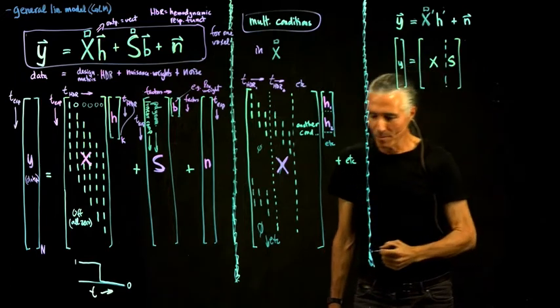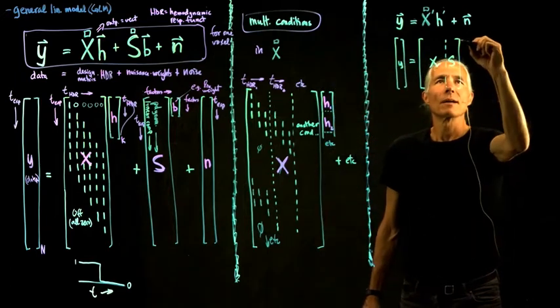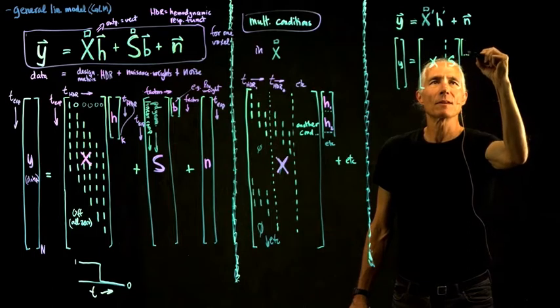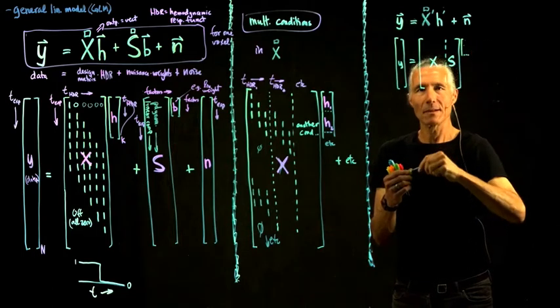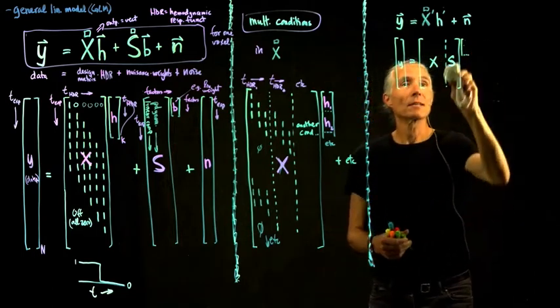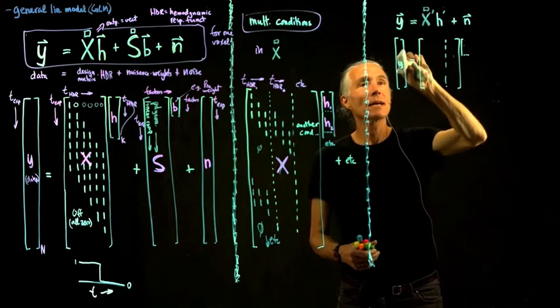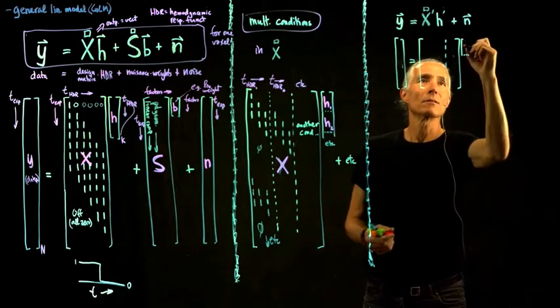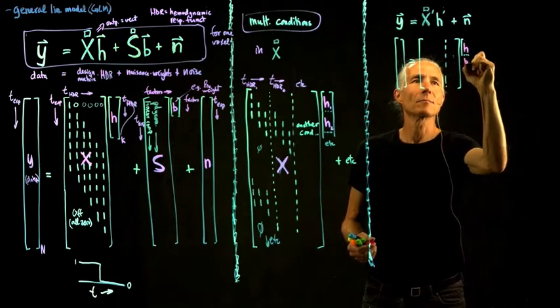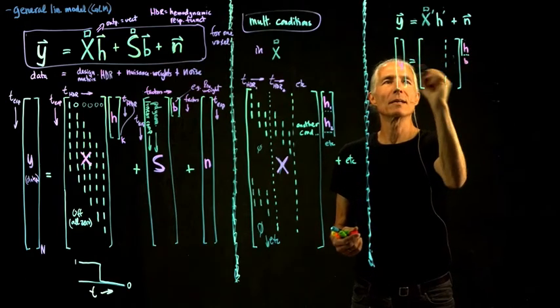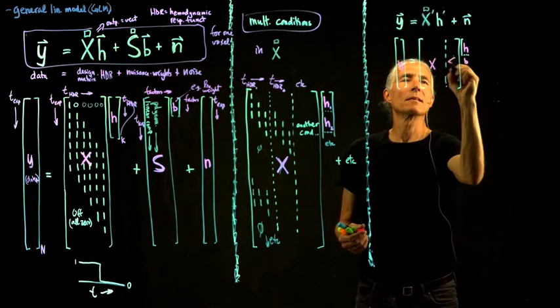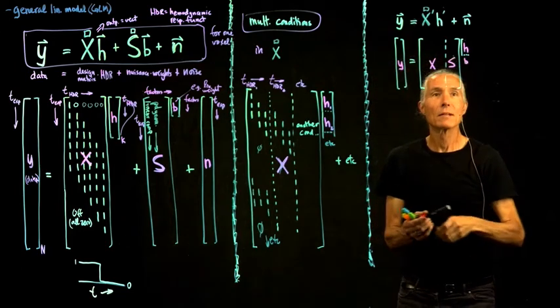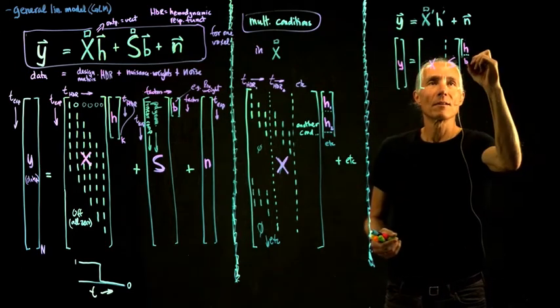And then when we multiply by our hemodynamic response function, we've got the B tacked on to the end here. So here's the H, and then here's a B, a smaller b. So there's Y, X, and S. So we just tack on the things there.